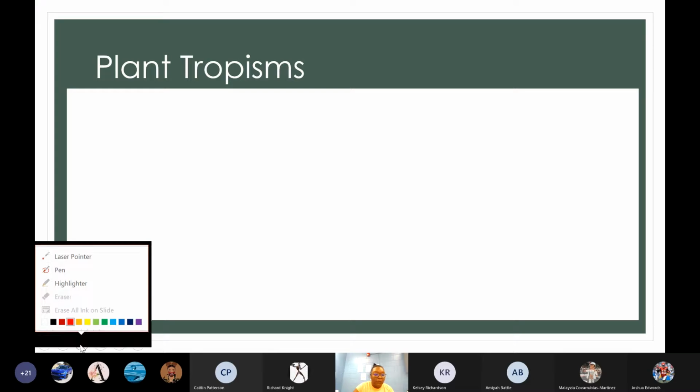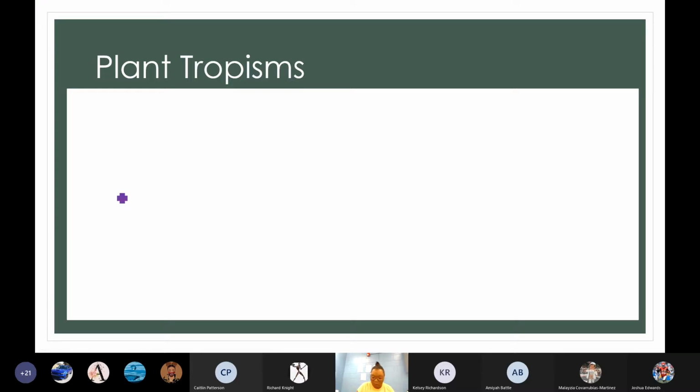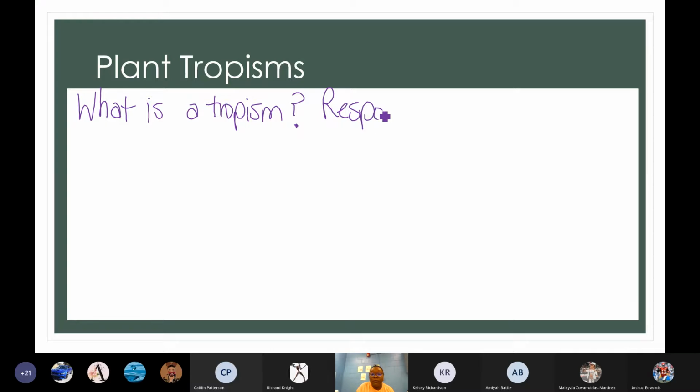What is a tropism? Tropism literally means response. So we're going to learn today about 4 different tropisms, or 4 different ways that plants respond to stimuli.